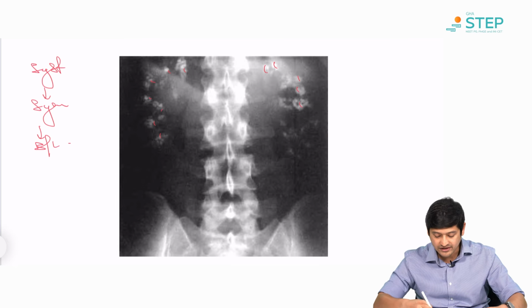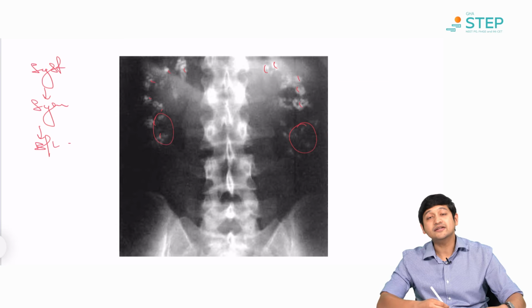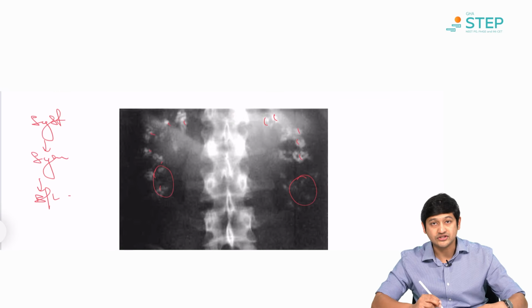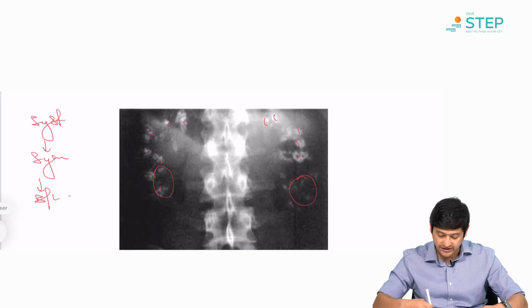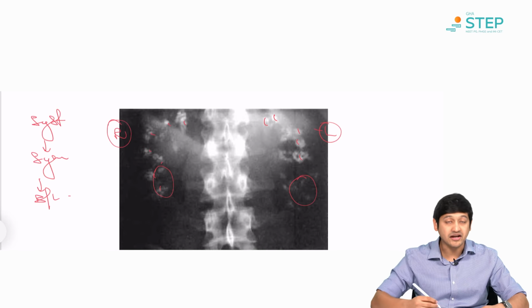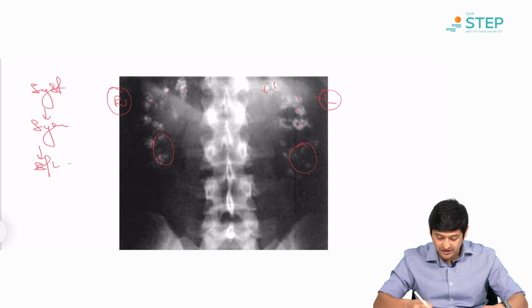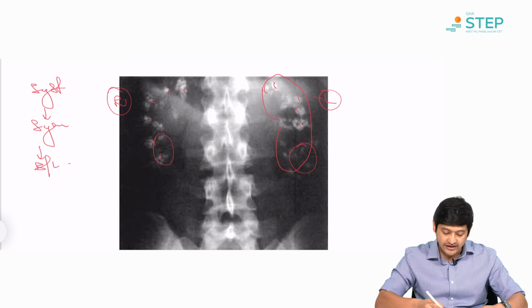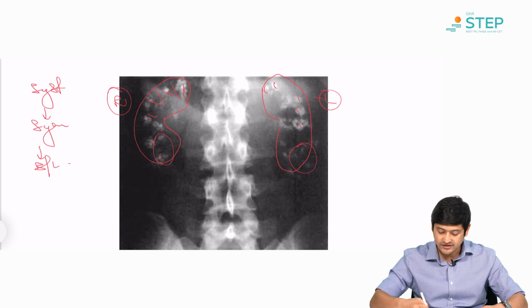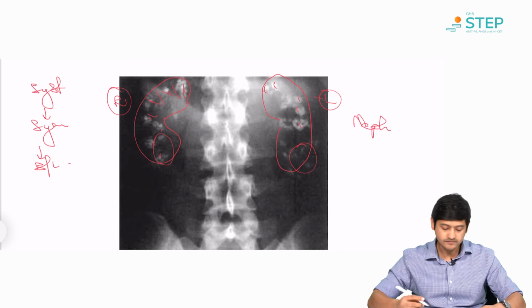There can be some degrees of asymmetry like here and here, but it is going to be a bilateral pathology or phenomenon. It's going to involve both the kidneys, the left kidney and the right kidney. This becomes nephrocalcinosis. So if you imagine this to be the outline of the kidney, there is calcification in the renal parenchyma. So this becomes nephrocalcinosis.